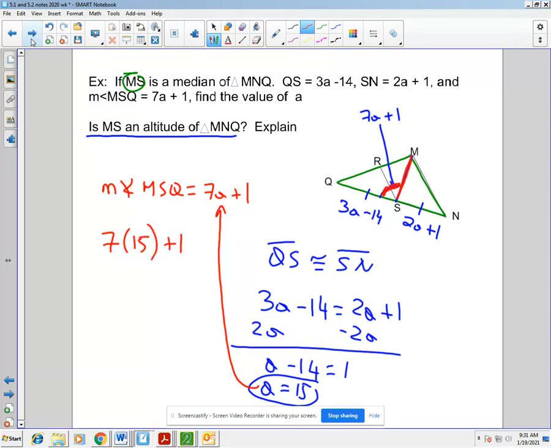What's 7 times 15? 7 times 10 is 70. That would be 105, plus 1, that would be 106. So the measure of the angle is 106 degrees. Therefore, is MS an altitude? The answer is no. Not an altitude because we don't have a right angle.